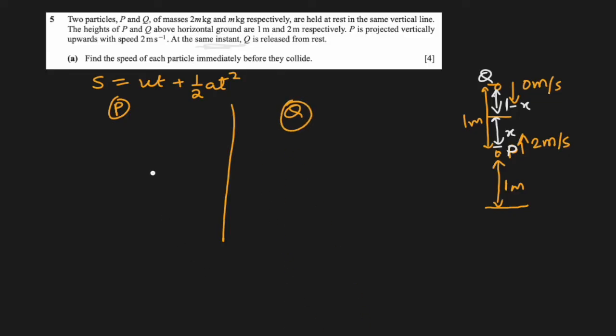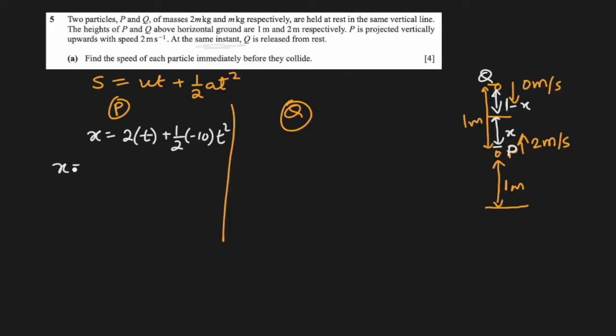Okay, so for P, s is x, it went up by x meters, so x is equal to 2, its initial speed, times t, we don't know how much time it takes, plus half, since it is going against gravity, so minus 10 will be the acceleration, times t square.